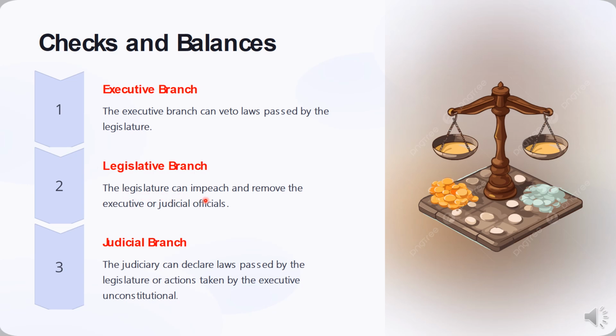The legislative branch can impeach and remove executive or judicial officials, and can also override executive vetoes. The judiciary can declare laws passed by the legislature or actions taken by the executive unconstitutional, and also interpret laws and ensure consistency. So checks and balances promote accountability, balance and stability in government.